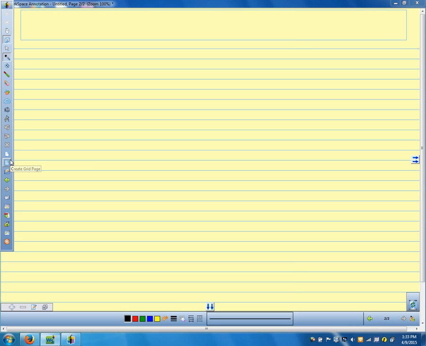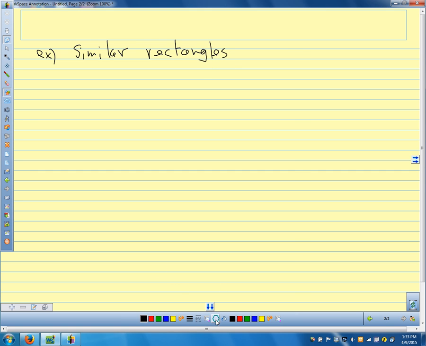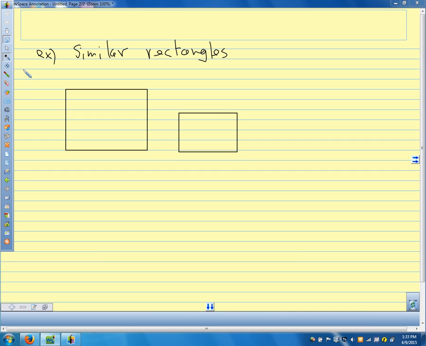All right. So we'll start with similar rectangles. We know these two rectangles are similar. Here are my two nice rectangles, rectangle 1 and rectangle 2.